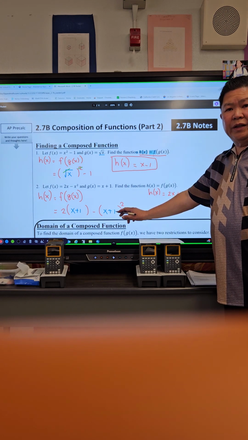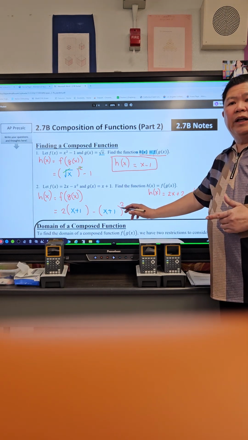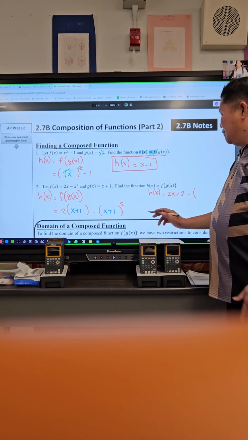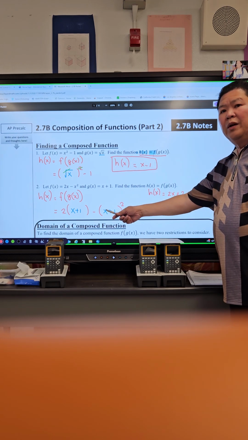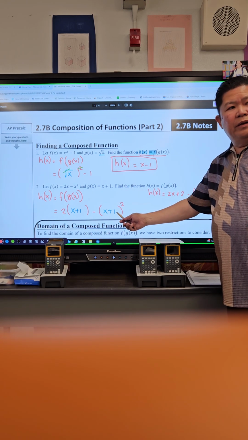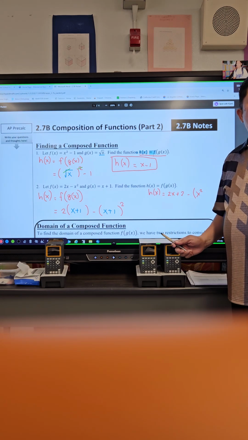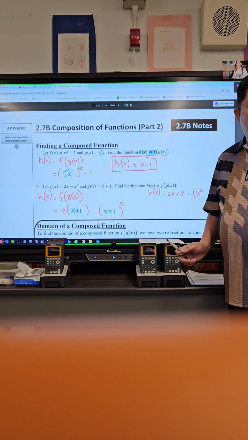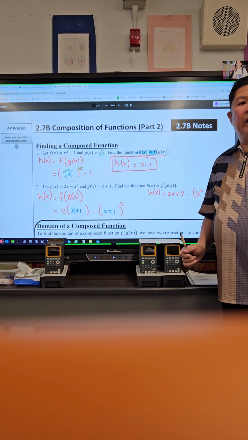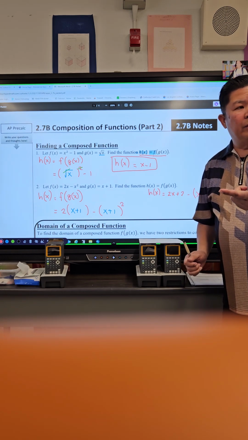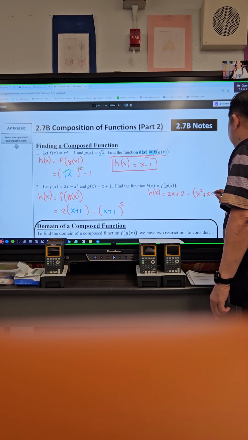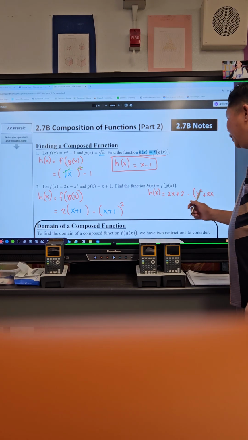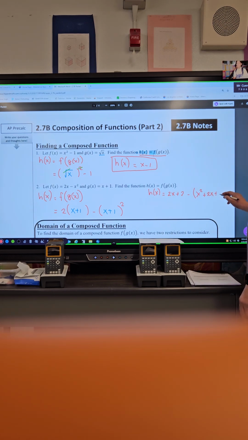So what we do with this, we FOIL, but I gave you a technique last time, right? So this would be x squared, product of the inside, x times 1. What is x times 1? Just x, right? Then double the 1. So that becomes plus 2x. And then the square of 1 is 1.